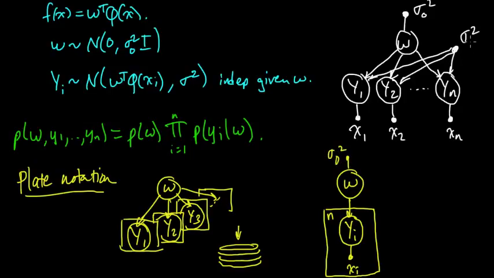A nice thing is that when we put this sigma squared off to the side, we only have to draw this one arrow, and we don't have this whole jumble of crossing arrows. So this would be the plate notation for this graphical model. And this square is called a plate.